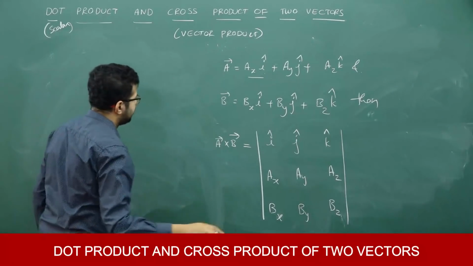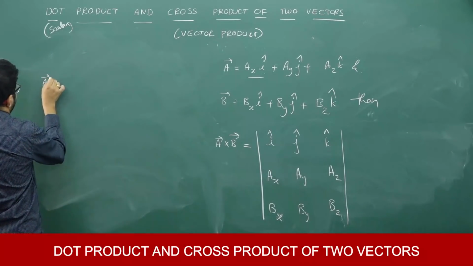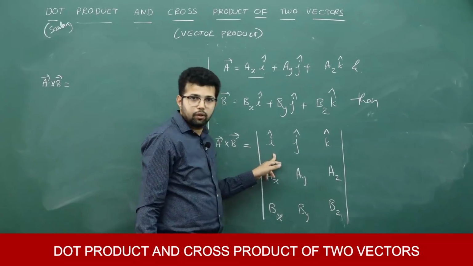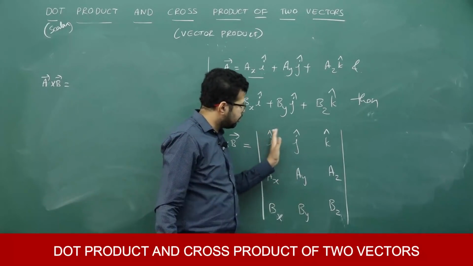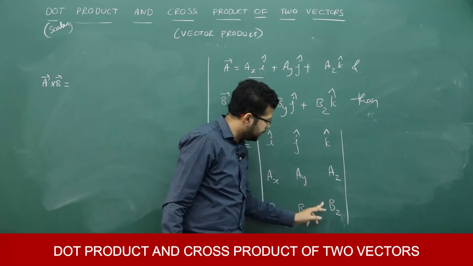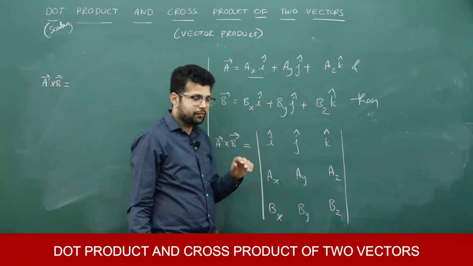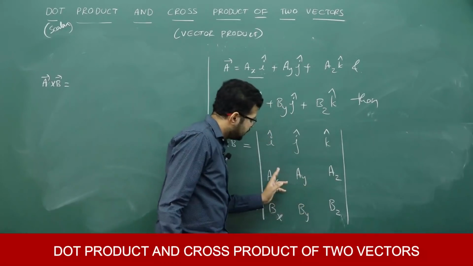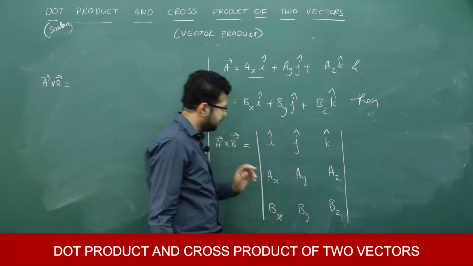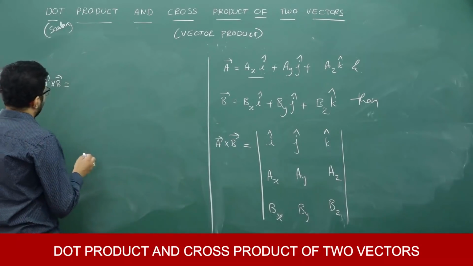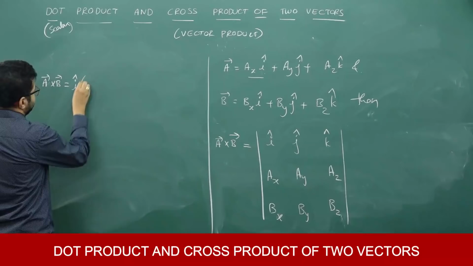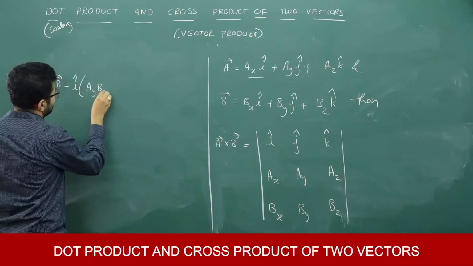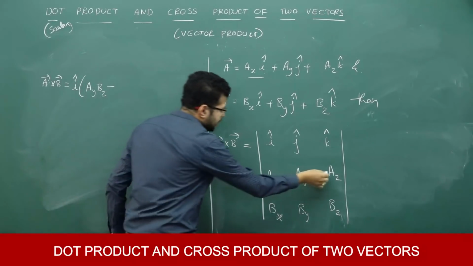So now, A cross B is equal to i cap into, leaving this row and this column, Ay Bz minus Az By.